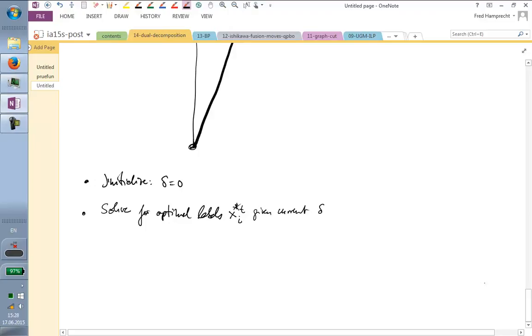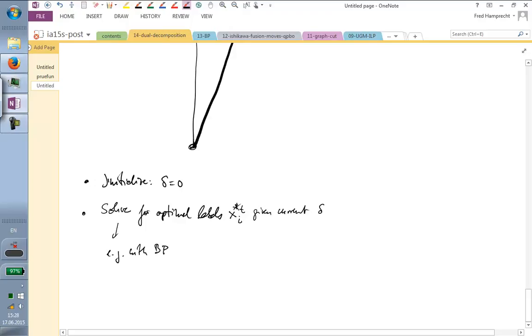So by fixing the delta and by optimizing over the labels. So the solving for optimal labels can, for example, if I have decomposed my entire graphical model into a sum of trees, then this solution can happen, for example, with belief propagation, BP.